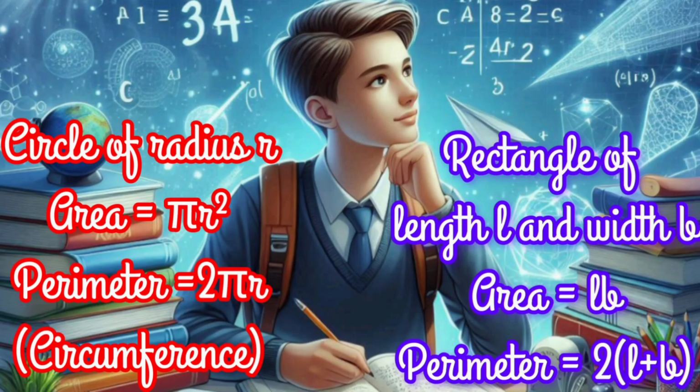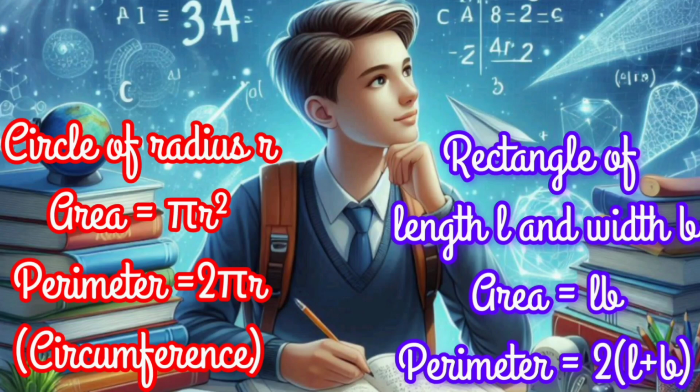So these things you need to know. The area of a circle is pi r square and its perimeter is 2 pi r. The perimeter of a circle is also called the circumference of a circle.